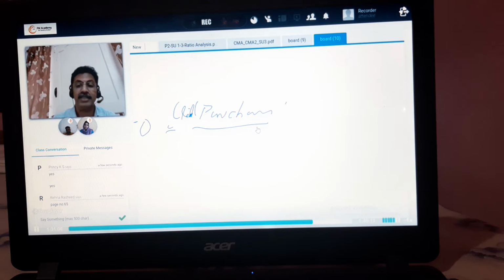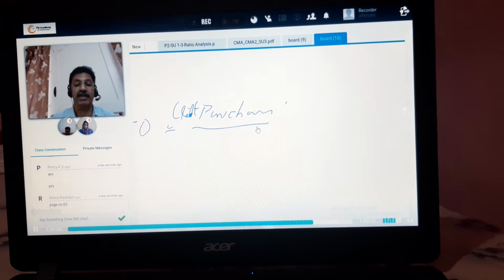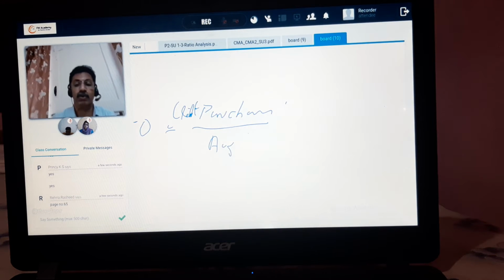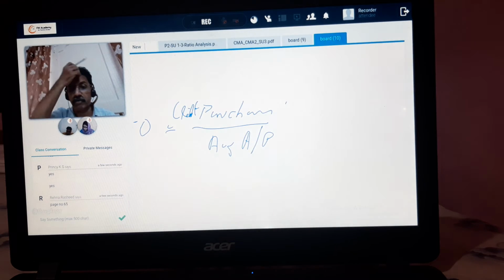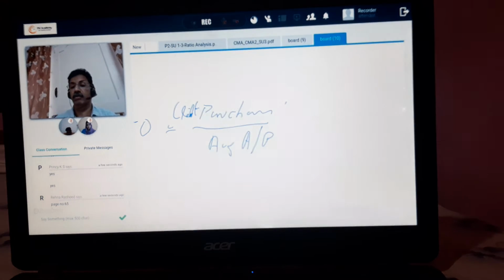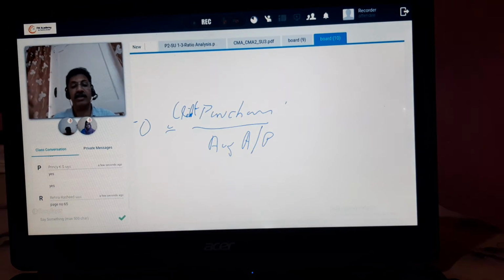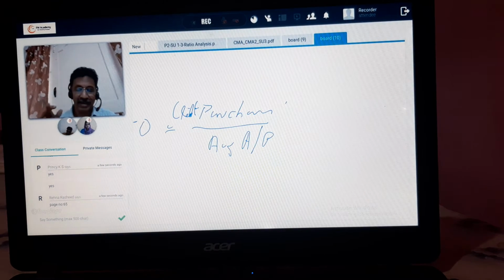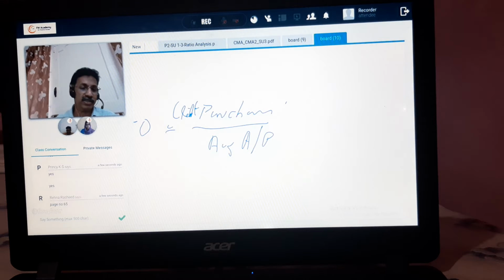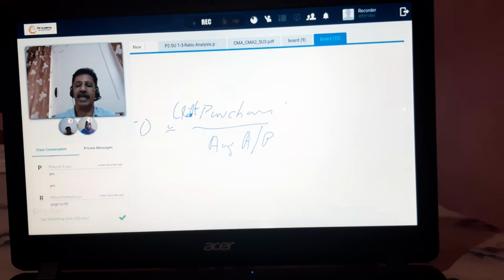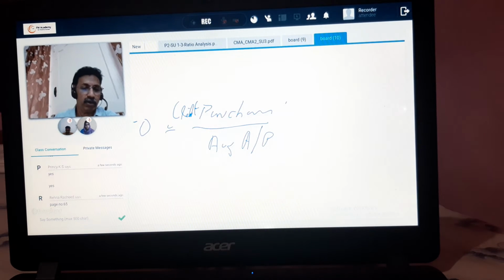So it is credit purchases divided by average accounts payable. But if you are not given the credit element, then total purchases. If you are not given any purchases number, it is again the sales. So you have to trade off the accuracy level. But actually, this is net credit purchases divided by average accounts payable. That is the accounts payable turnover ratio.